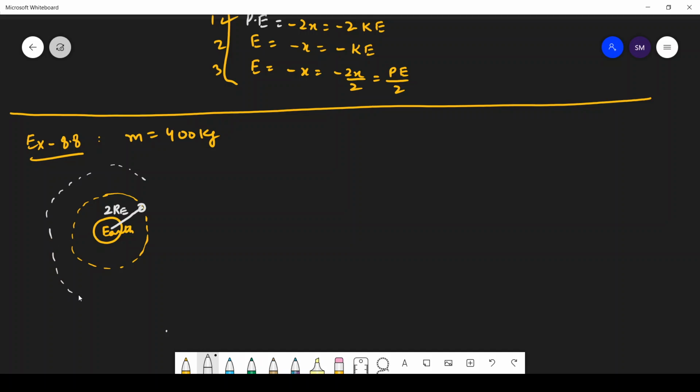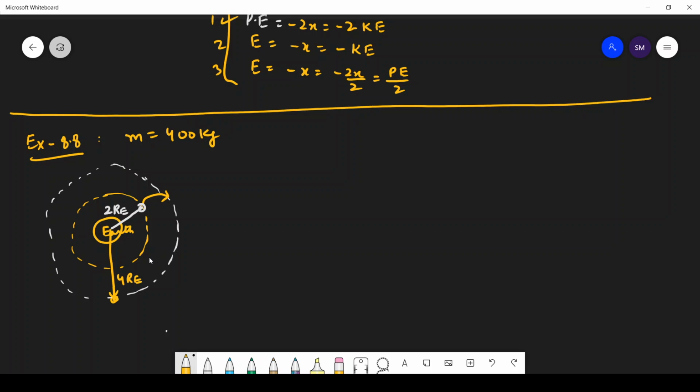Whose radius, what's the radius of this orbit? The radius of this orbit is 4Re, so I want the satellite over here. So I want to shift this satellite from this orbit to this orbit.